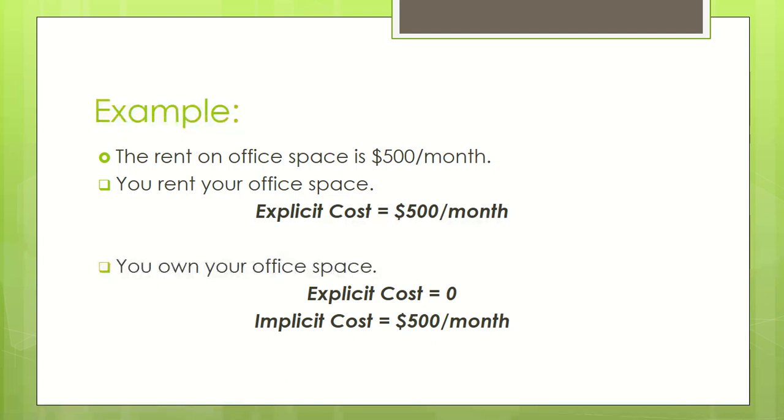It means the explicit cost in this particular case is 0, as you are not going to pay the rent of that room to your own self. Here the implicit cost would be $500 per month, that is the opportunity cost of using your own room as an office instead of renting it. That means here implicit cost is foregone rent.